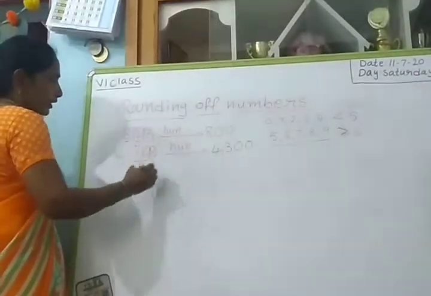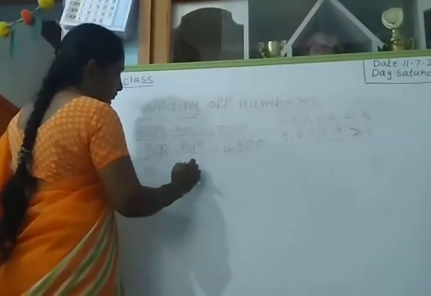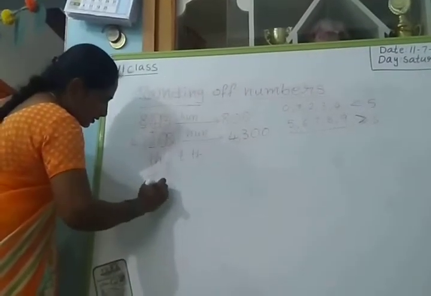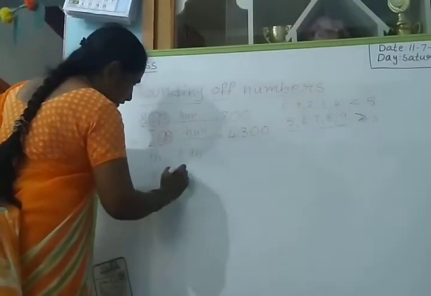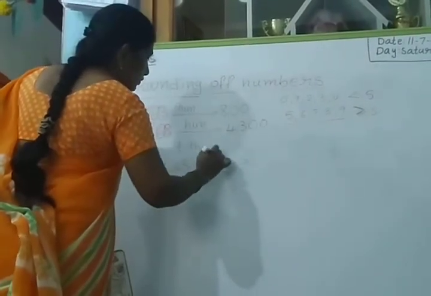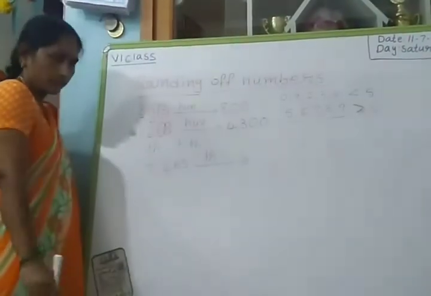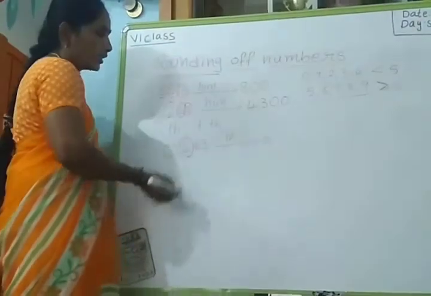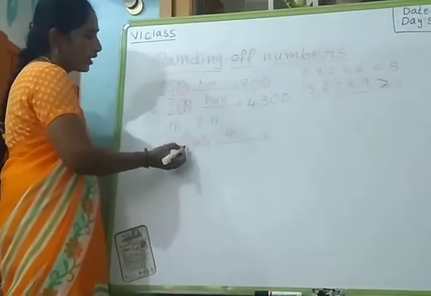Next we can do thousands and 10,000s also. See one example. 7463. Round off to the nearest thousands. When rounding the thousands place, which digit do we have to see? The hundreds place digit.